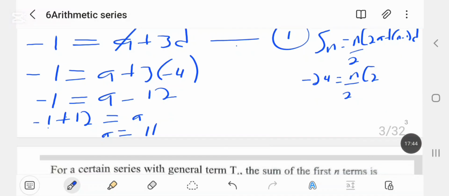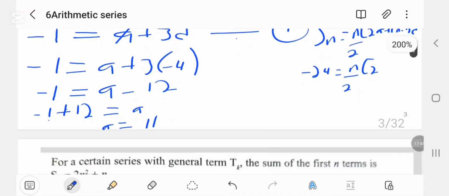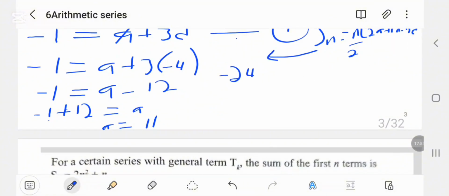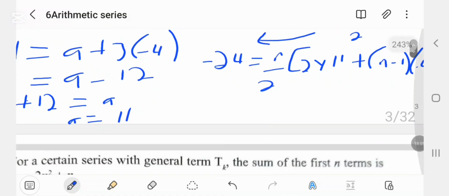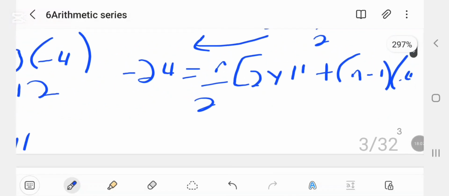Then we go back to our formula. So for Sn we have minus 24, n over 2, 2 multiplied by 11, n minus 1, and D is minus 4.